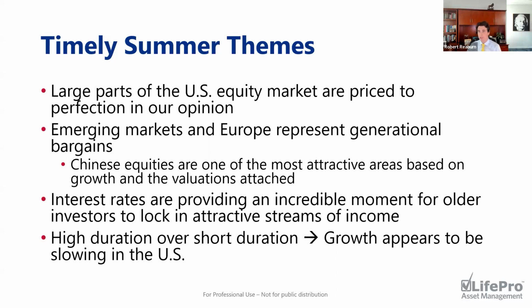So if you have a portfolio with an average duration of 10 years versus portfolio B that has a duration of, say, 4 years, that means, in a very simplistic way, that you have those rates in effect for 10 years versus 4 years. And if you like that, and that's going to provide income security and lifestyle security, let's go high duration, even if that means absorbing a little bit more price volatility on the bond side. So that's really been our focus on the fixed income side of things.